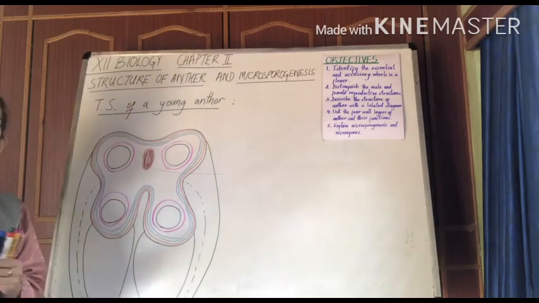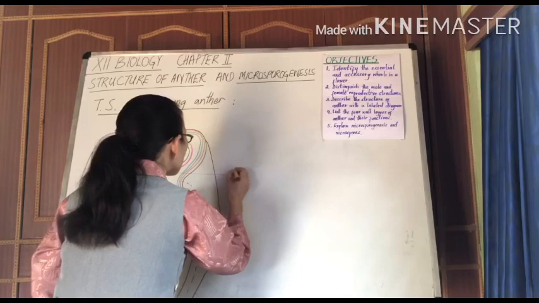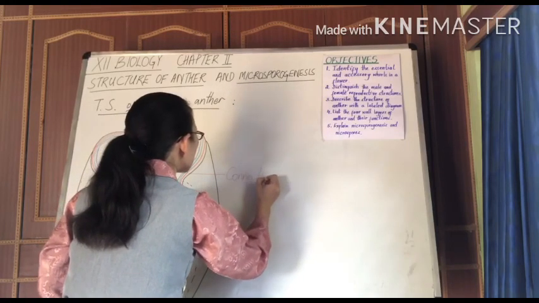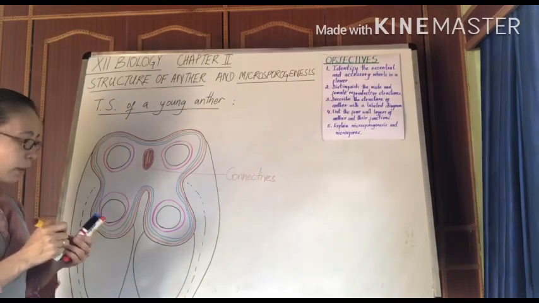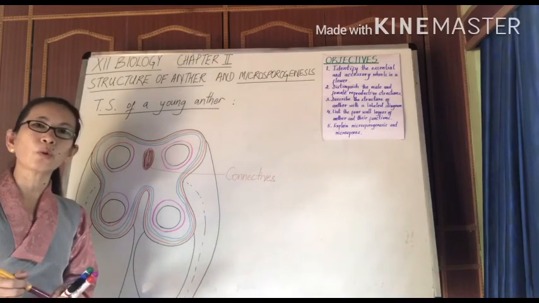So this tissue which connects the 2 lobes of the anther together is called the connective, right?